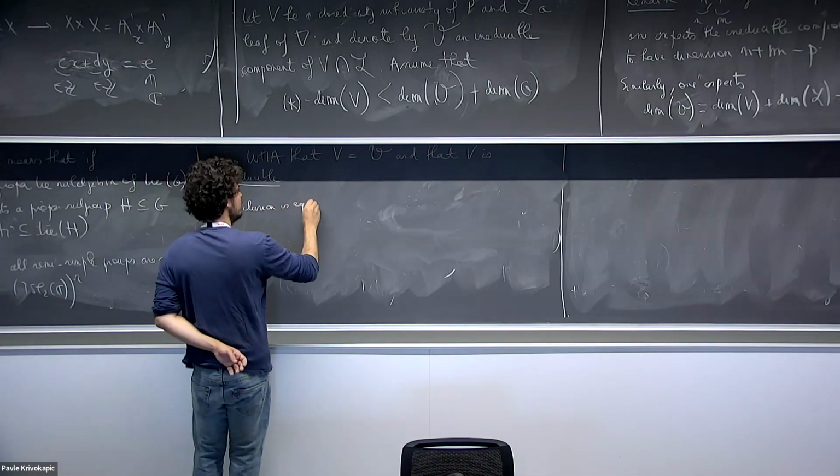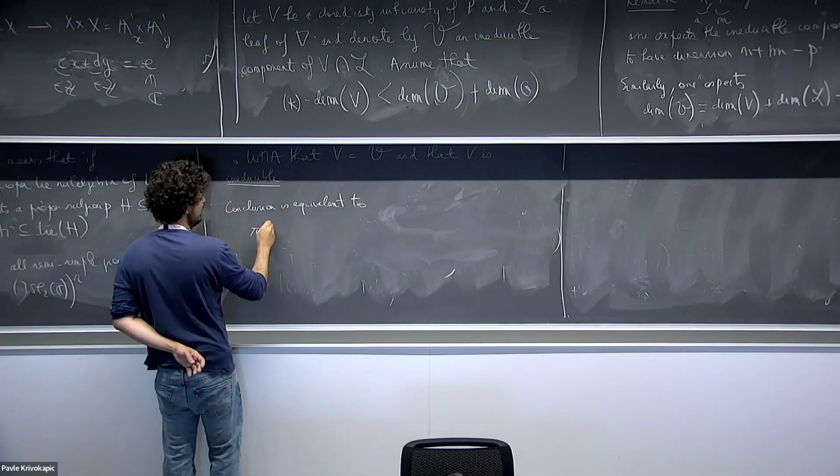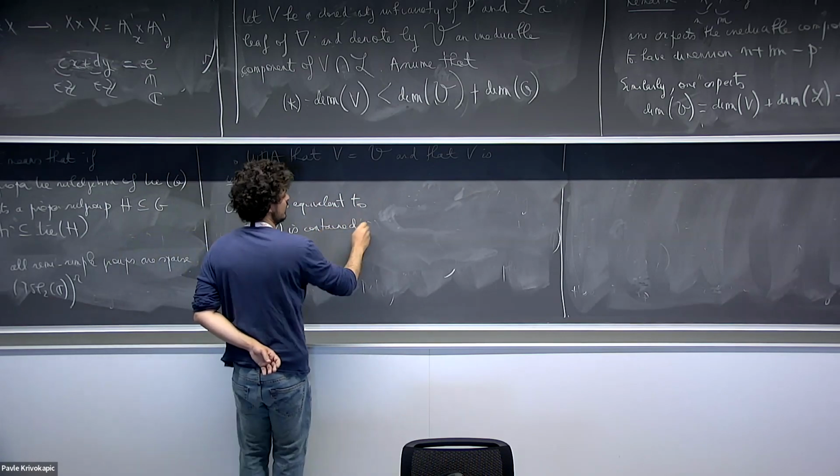Okay. So if I assume this, the conclusion is equivalent to actually proving that P of V is contained in a delta special.